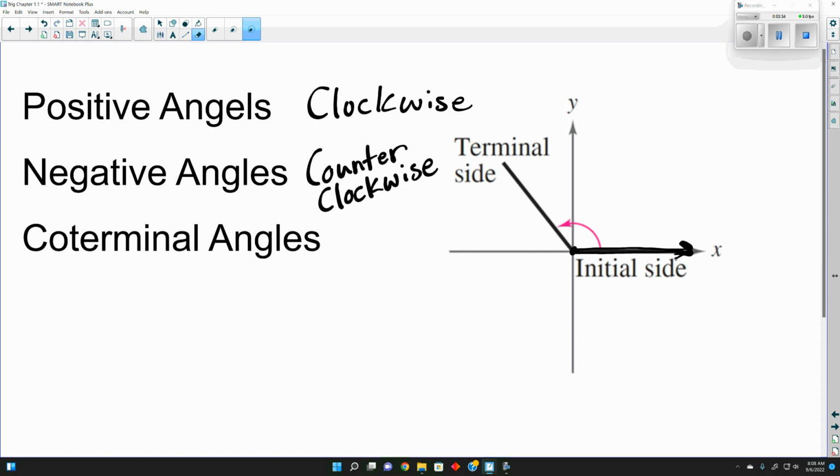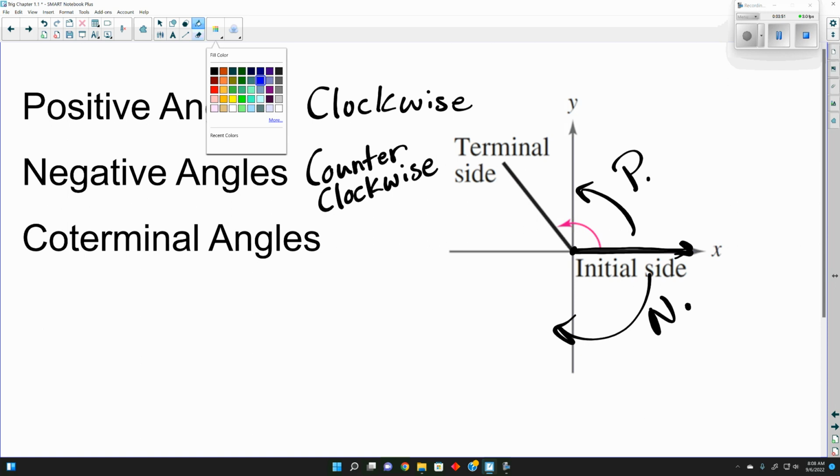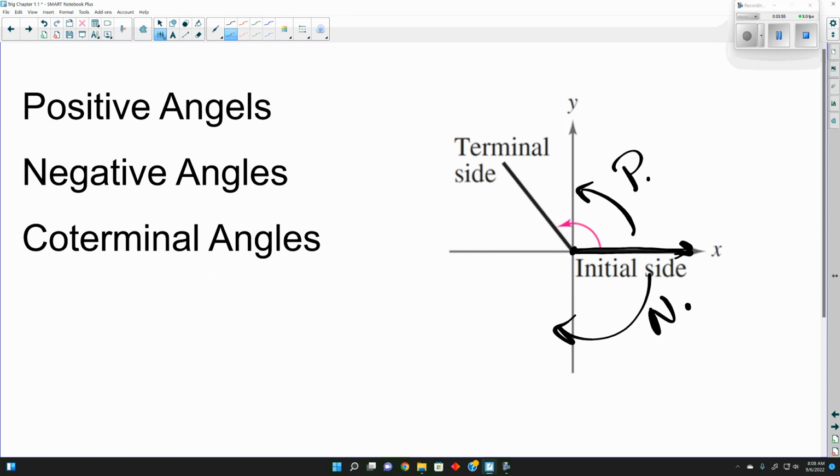We're either going to go clockwise, which is our positive direction, or counterclockwise for positive. I got them flipped. Sorry. This must be our Monday. Positive is our counterclockwise. And negative is clockwise. If you need an eraser, I have one.